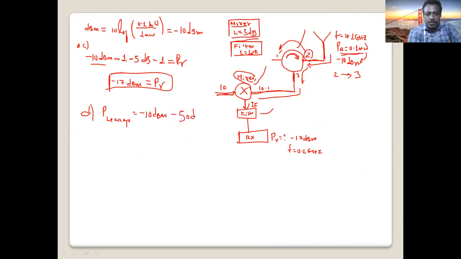So how much power goes in the wrong direction? Minus 60 dBm, very small. If you convert minus 60 dBm into milliwatt, you find a very small amount of leakage, from the antenna side to the transmitter side. Okay, so we continue next time.